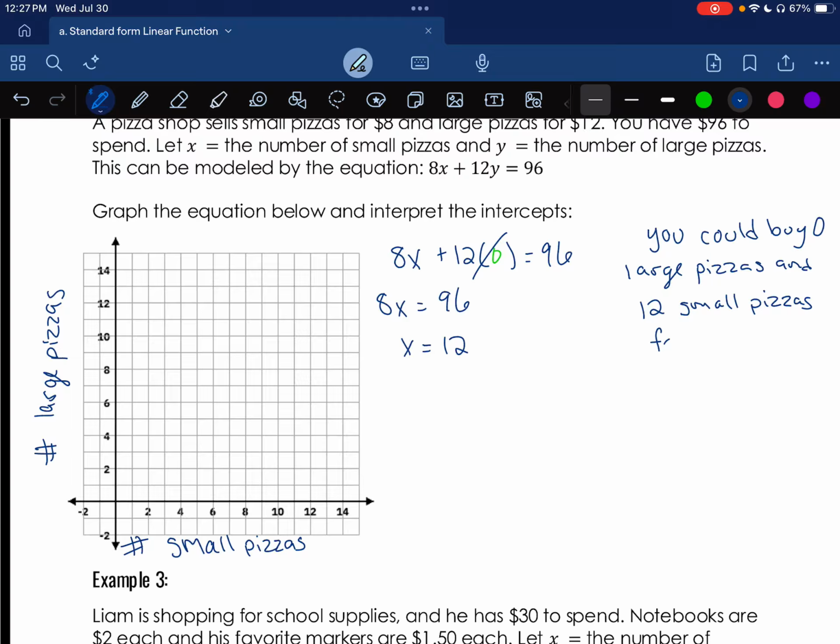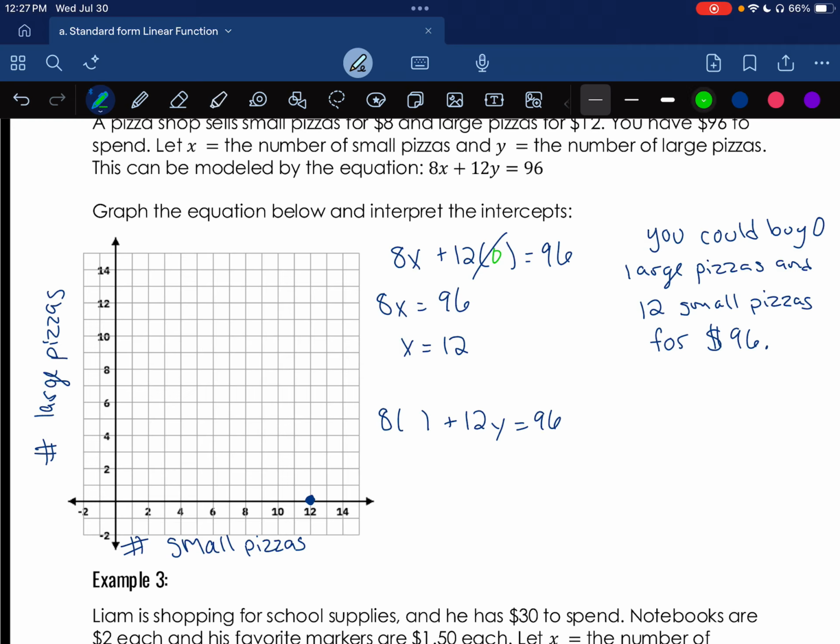All right, let's find the y-intercept. So this time I'm putting in 0 for x. You may have kind of noticed how this is going to play out already with this particular equation. If I divide both sides by 96, I'm going to get 8.